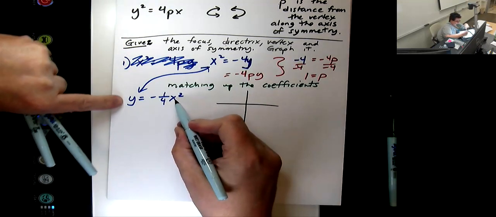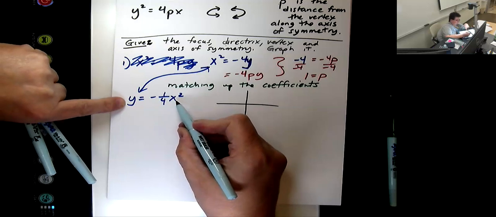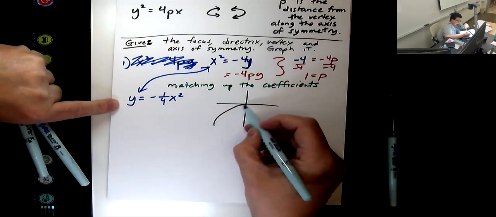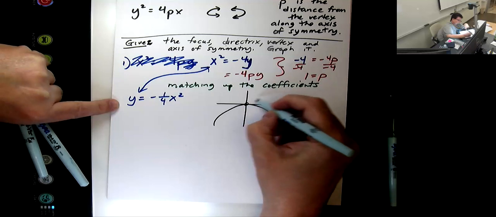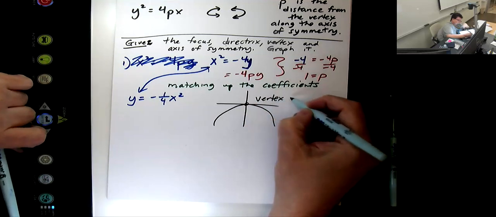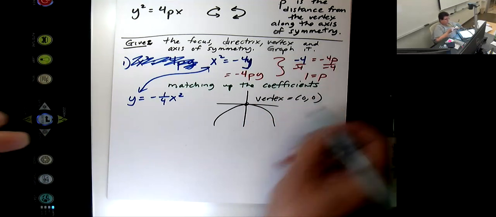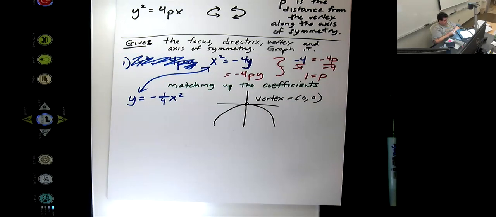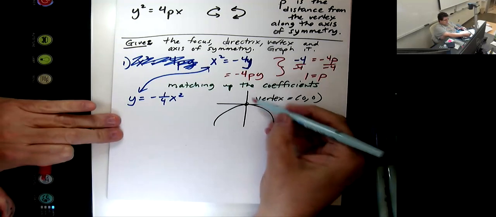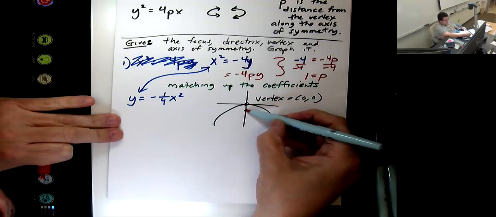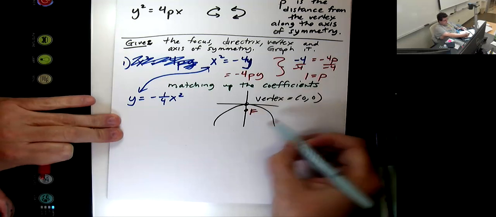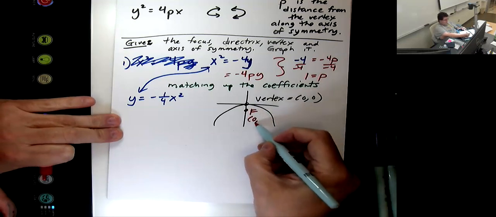The vertex, we don't have an H or a K here. So the vertex is 0, 0. And knowing which direction it opens helps us use the P a little bit. That means the P is down 1 here to get to the focus. So the focus has to be at 0, negative 1.